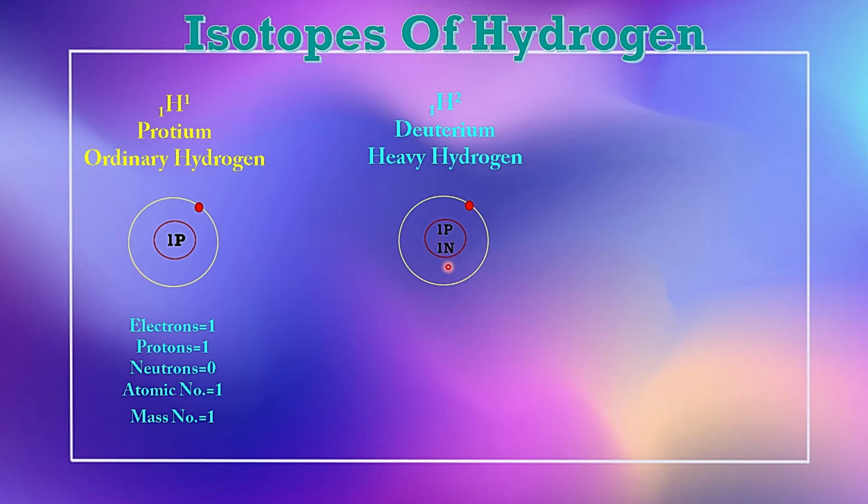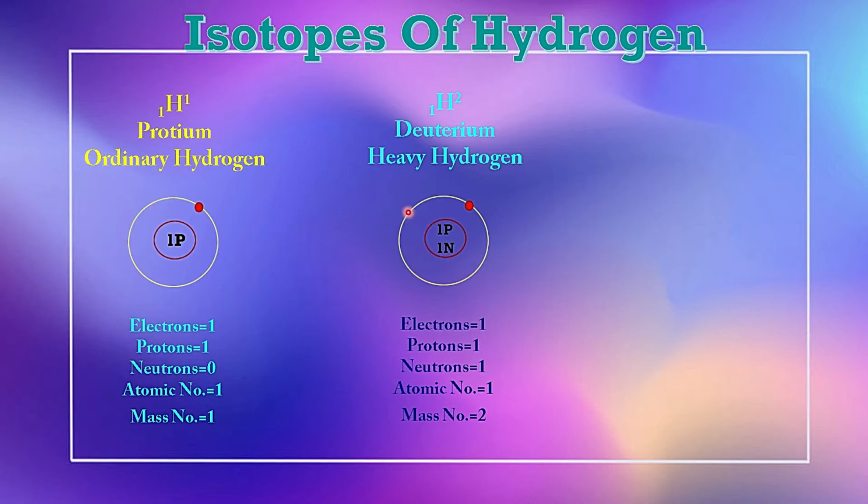This is very rare hydrogen, but it exists in nature. Its subatomic particles are 1 electron, 1 proton, and 1 neutron. So the atomic number remains the same, that is 1, but the mass number will be 2. By adding 1 proton and 1 neutron, we get 2.